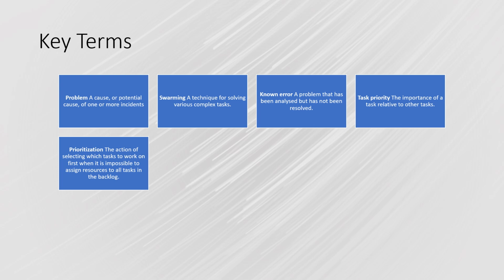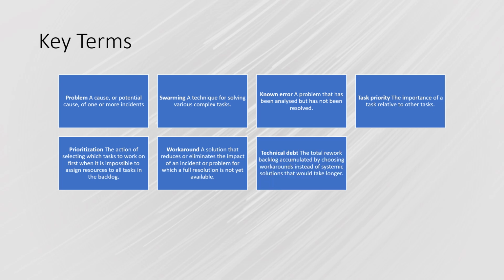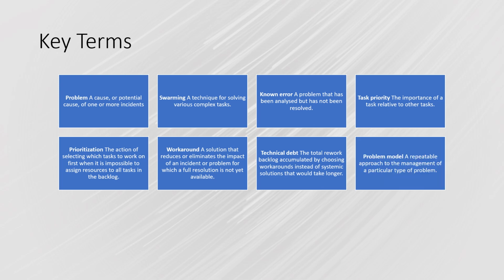Some workarounds reduce the likelihood of incidents. Known error: a problem that has been analyzed but has not been resolved. Technical debt: the total rework backlog accumulated by choosing workarounds instead of systemic solutions that would take longer. Problem model: a repeatable approach to the management of a particular type of problem.